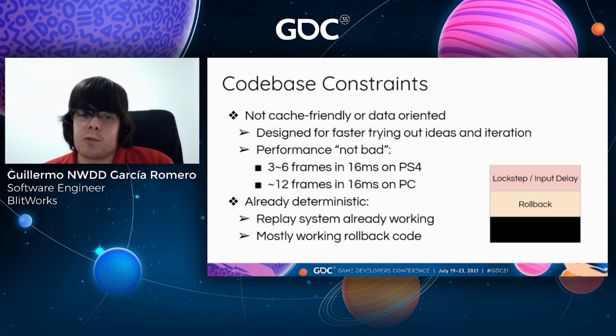Early on, replays were introduced to guarantee that the required amount of determinism for rollback netcode was provided. This combo of replays and determinism is very powerful, and we have used it in multiple projects.